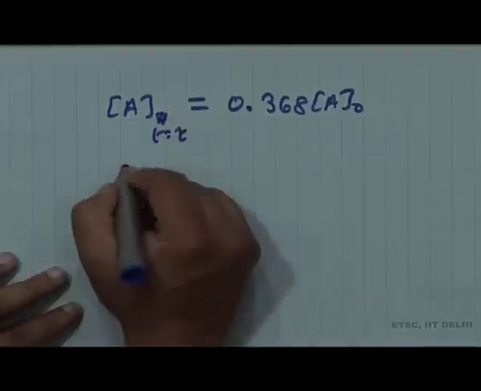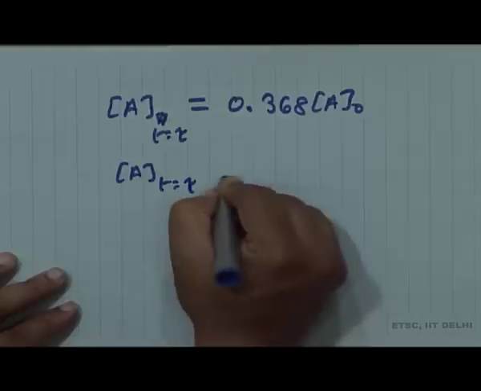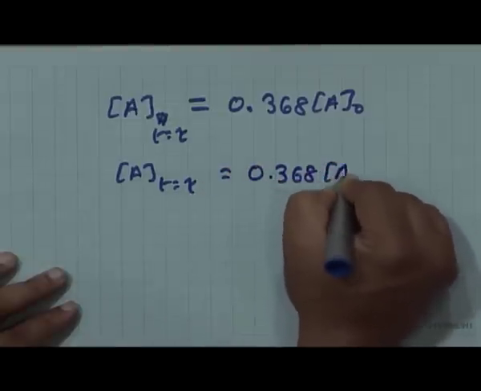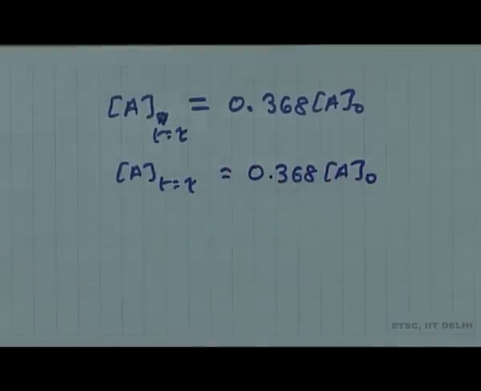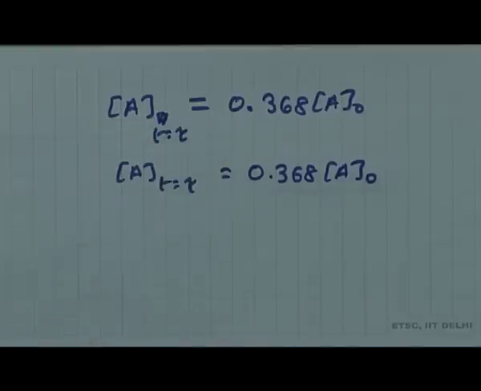So let me write again: at time t equal to tau, the concentration of A is 0.368 A0. What it means is that after this time tau has elapsed, it has decreased to 0.368 A0.